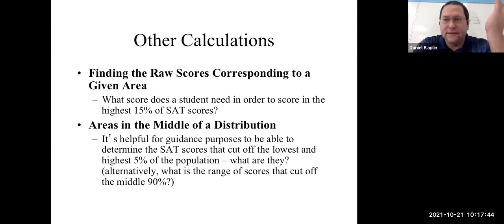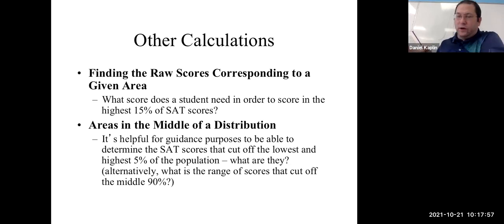So the highest 15% would be the 85th percentile, right? So we would have to find 35% on the curve. Now this, you don't have a formula for just yet. So the first thing you're going to do is say, okay, what's the closest I get to 35% without passing it?